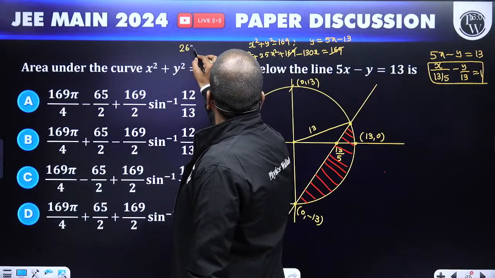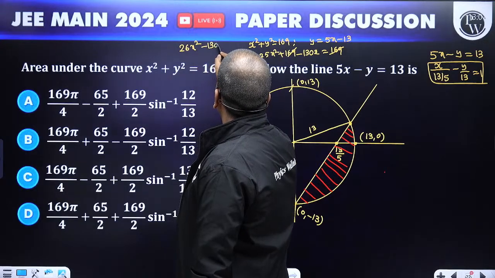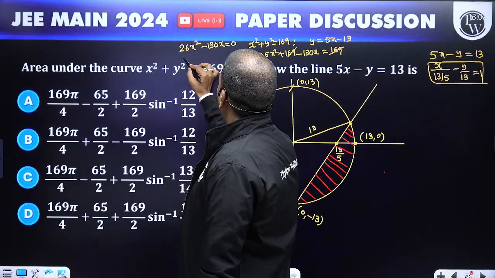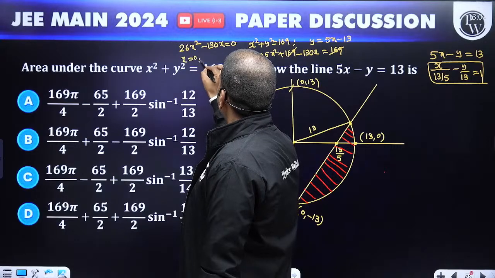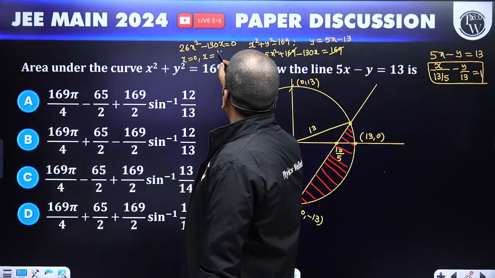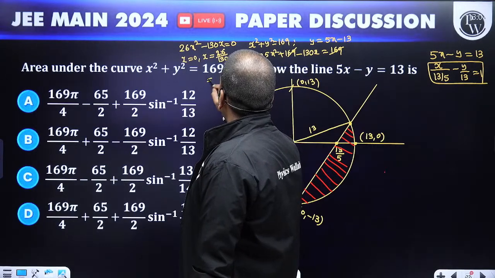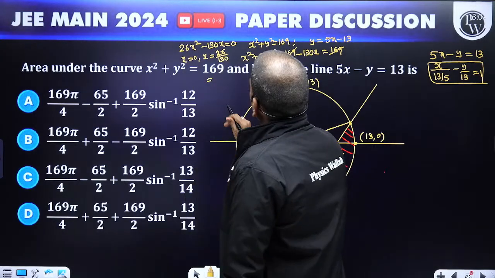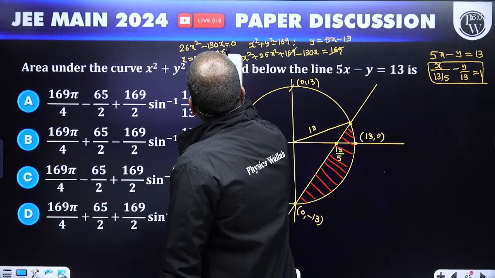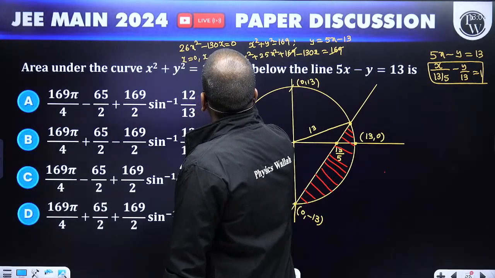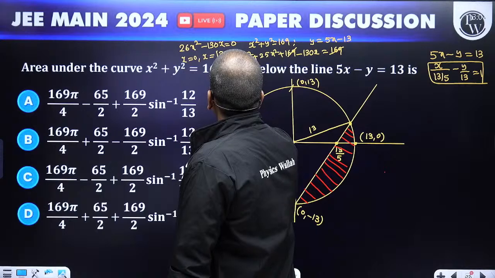So 26x square minus 130x is equal to 0. So x is equal to 0, and another x is 130 by 26. Right?